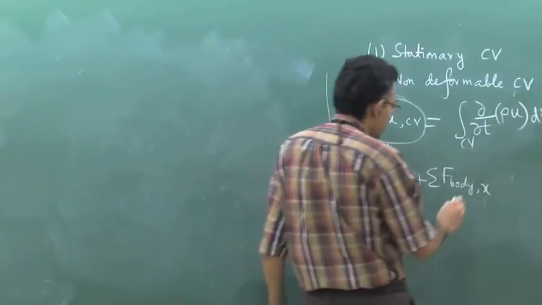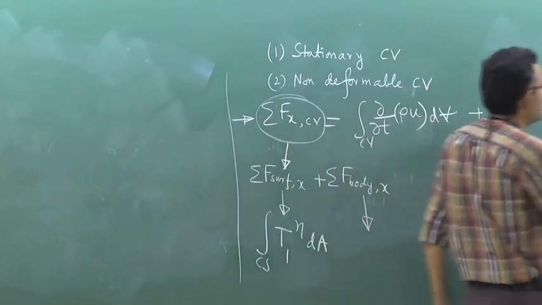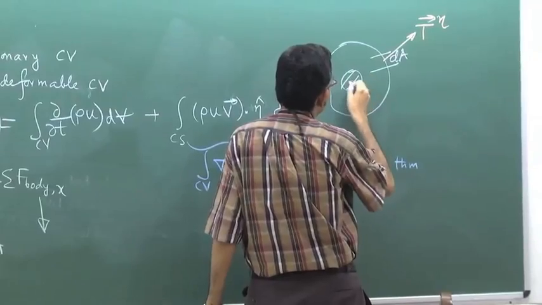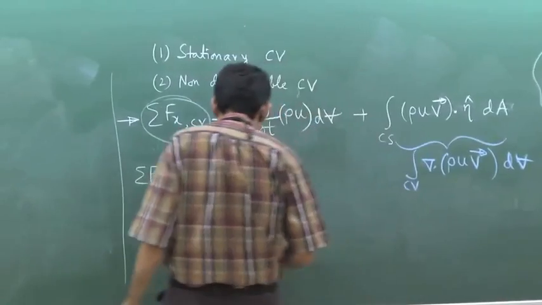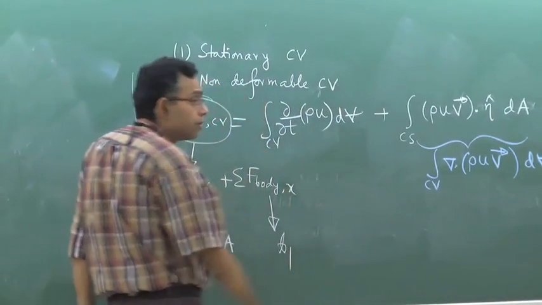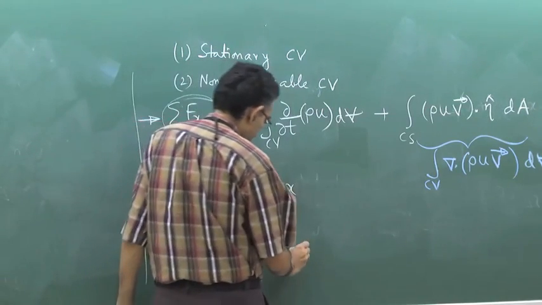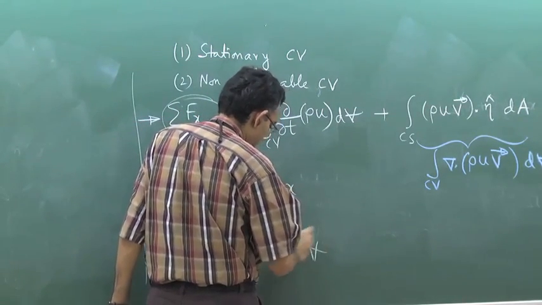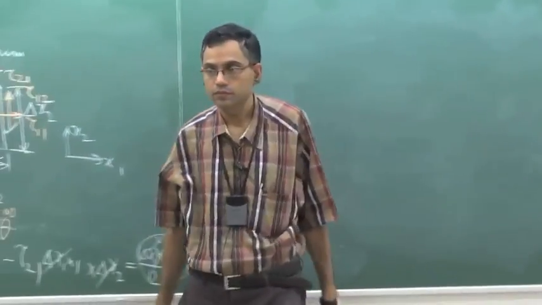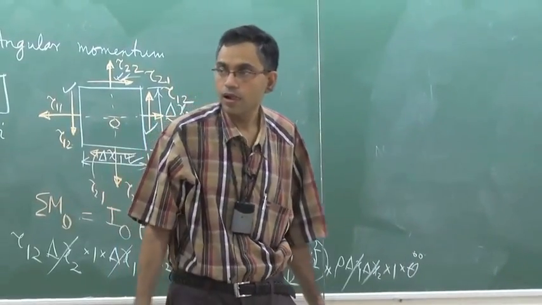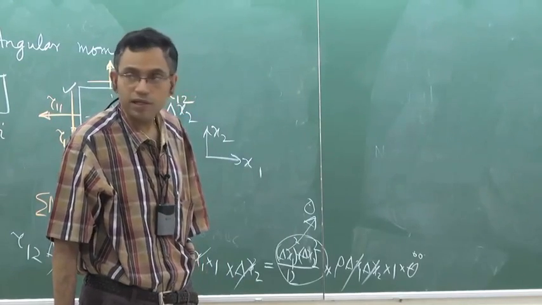And what is the body force? Let us say you take a small volume and let us say B1 is the body force per unit volume. So, B1 is the body force along x1 per unit volume.